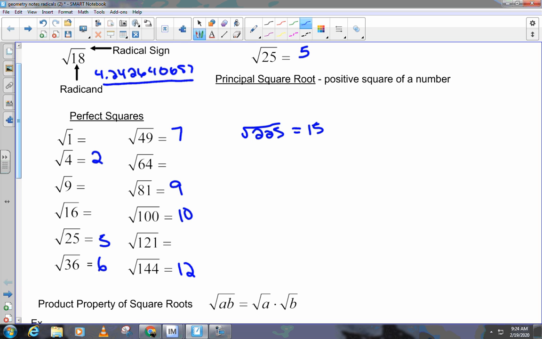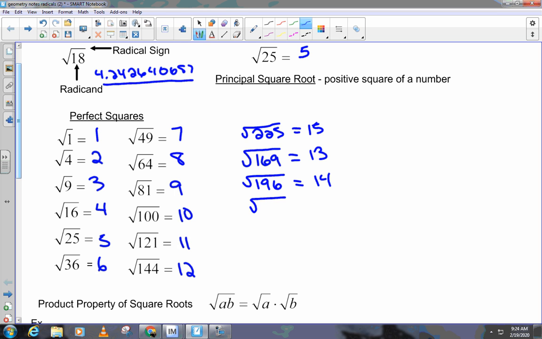Square root of 9? Square root of 1? Square root of 64? 8. Square root of 121? Square root of 169? 13. Square root of 16? 4. Square root of 196? 14, and the square root of 400.